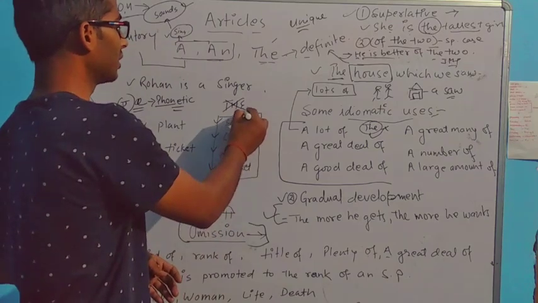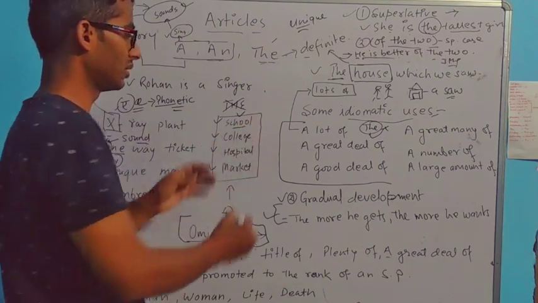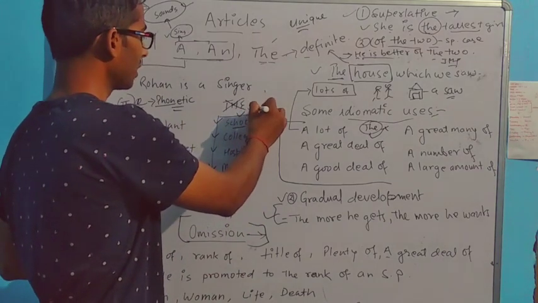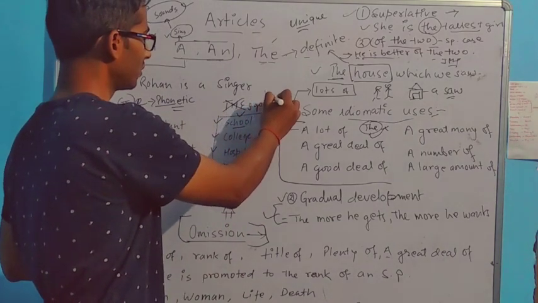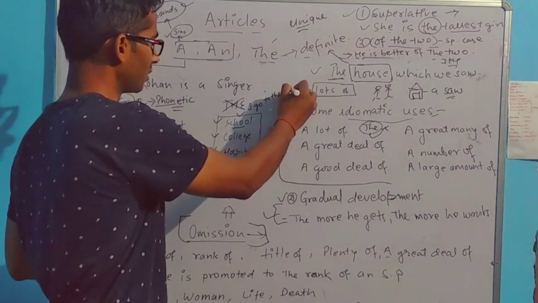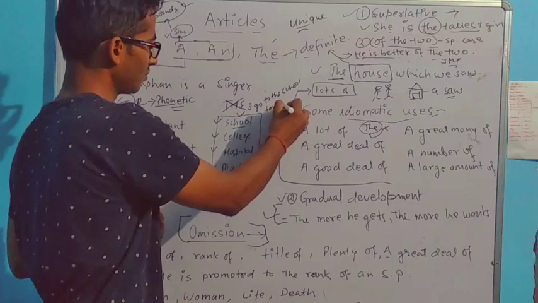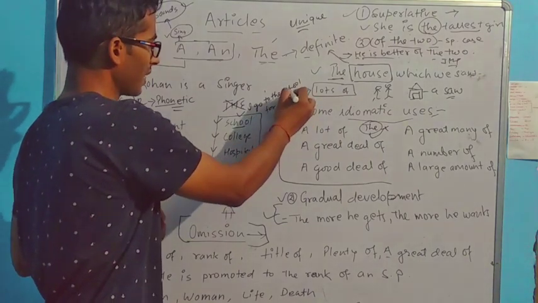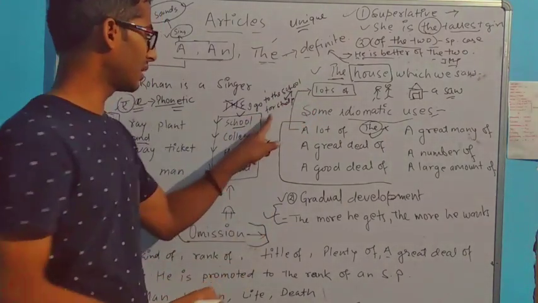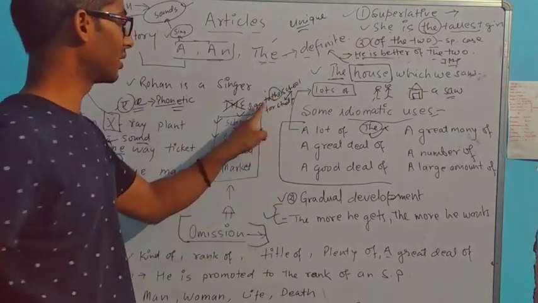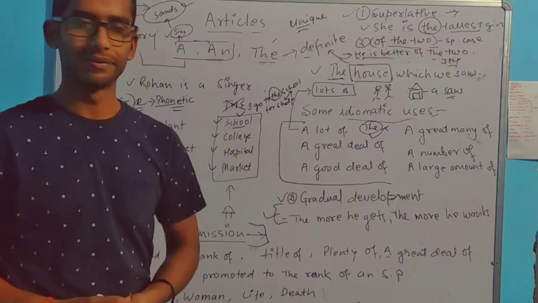Like every student goes to school, so we will not say I go to the school for study. Because we go to school for study, and that is my general sense, we will just remove the. So I go to school for study.